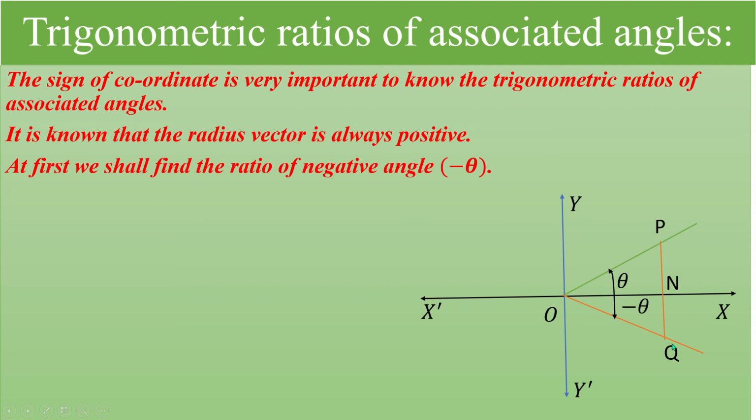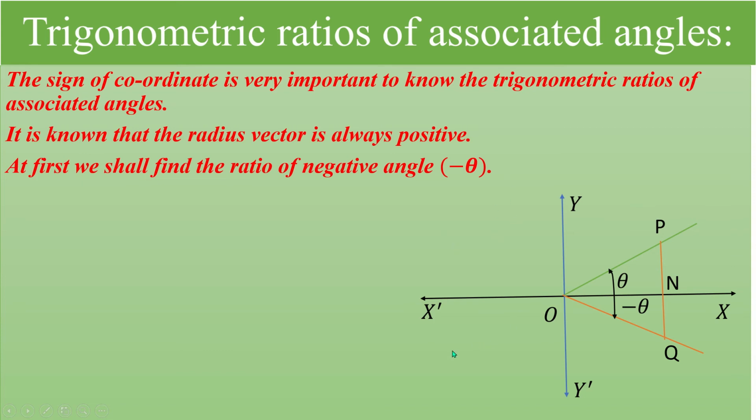Follow the figure. This is the first quadrant, this is the second quadrant, this is the third quadrant, and this is the fourth quadrant. In the first quadrant, both abscissa and ordinate are positive, but in the second quadrant, abscissa is negative and ordinate positive.